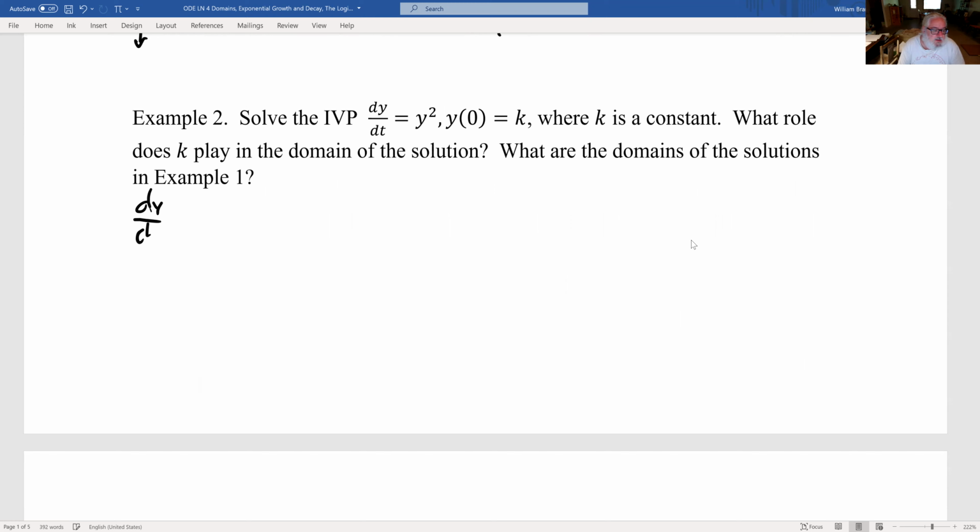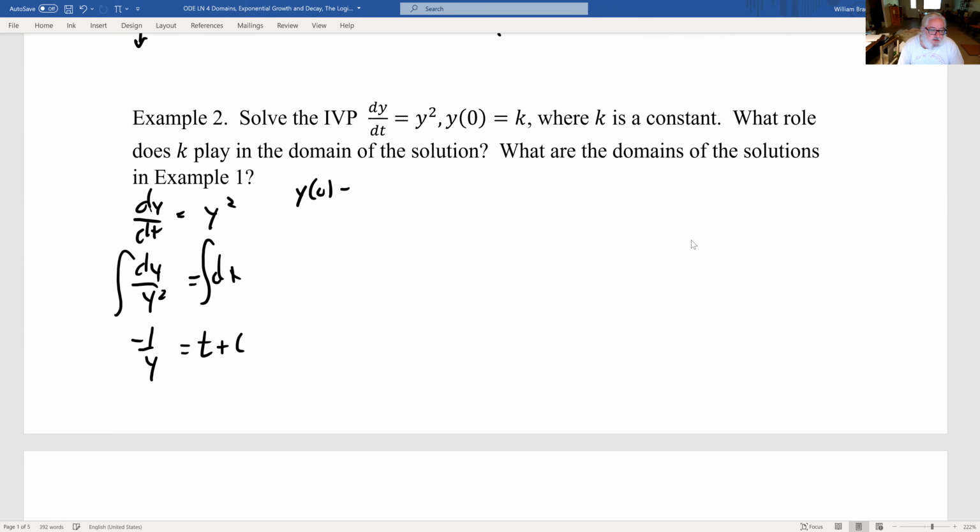dy/dt equals y squared. So we separate the variables and integrate both sides. -1/y equals t plus c. At this point, we know that y of 0 equals k, because that's our initial condition. If we plug that in, we get k for y and 0 plus c, so -1/k equals c.